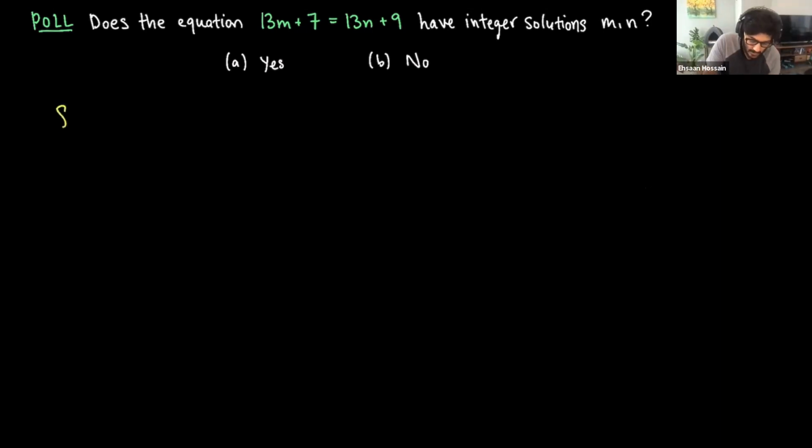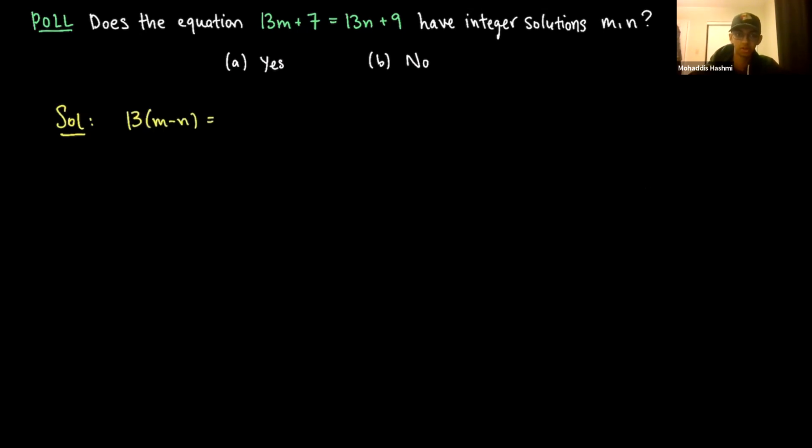So you get 13m minus 13n is equal to 2. Then I just factored out the 13. So then m minus n is equal to 2 over 13. And I was just reasoning that you cannot subtract two integers and get a fraction.